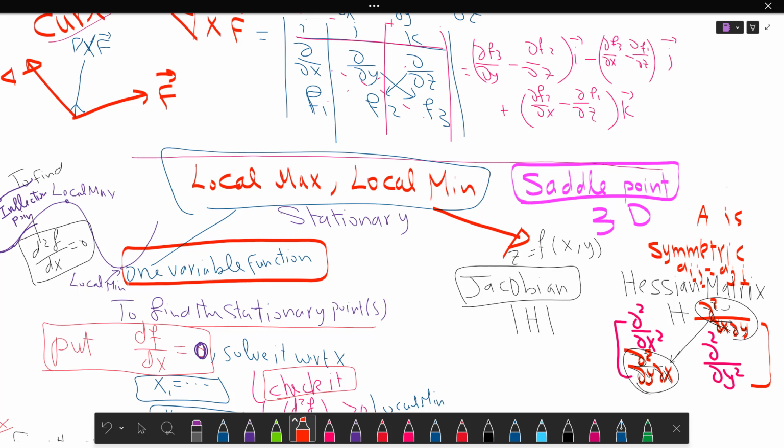The Jacobian will be the determinant of this one. So the Jacobian will be partial square by partial x squared. And here, no, for 2D, no, because in 2D you have a one-variable function. Here you have x, your independent variable, and here you have y, and you know y is your function, right?